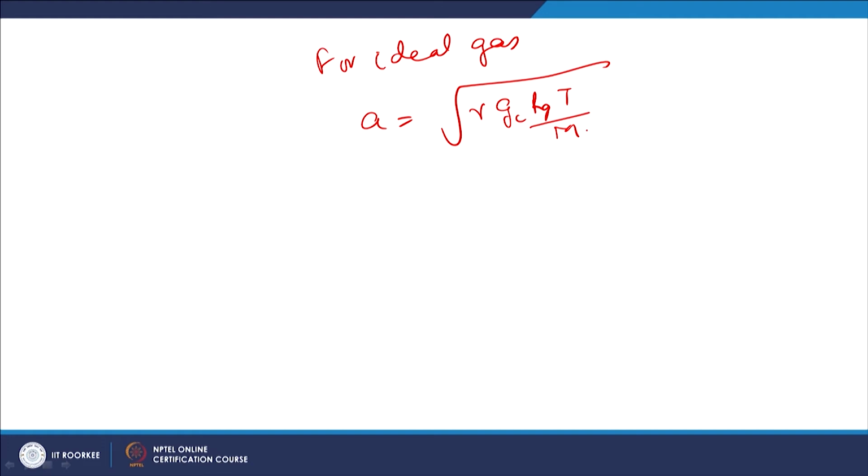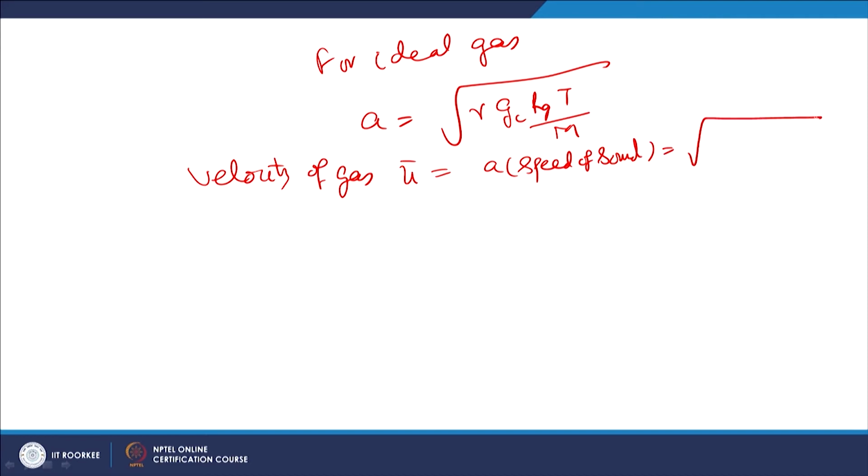So in this way you can calculate the velocity of sound. So the velocity of a gas is represented as bar U is equal to A, that is the speed of sound, which is the square root of gamma Gc R g T over m.